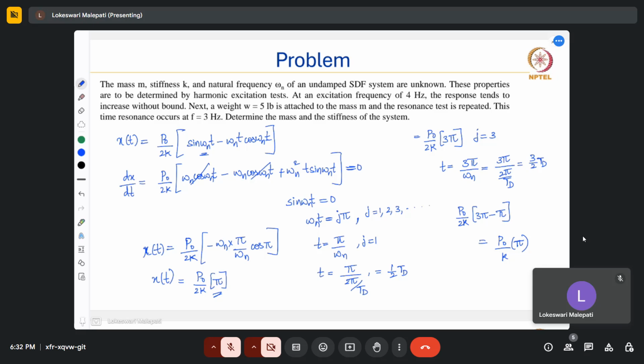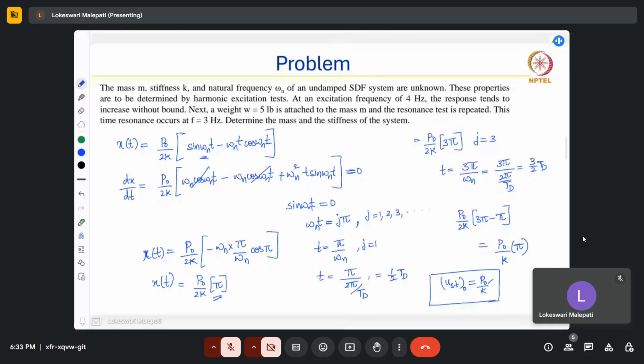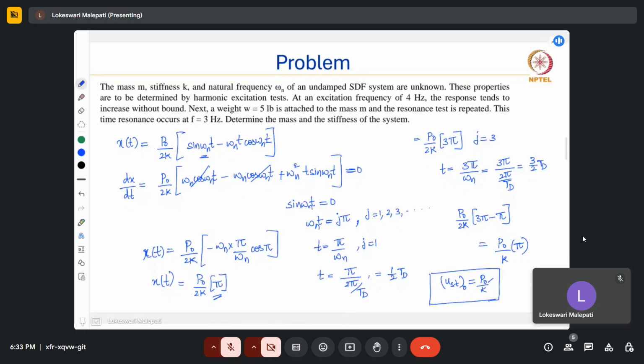That will be just force divided by the stiffness of the system, that is P naught by K. UST naught is equal to P naught by K. This is the deformation in the body when we apply this amplitude P naught. Why are we taking relative measurement of displacement with respect to this UST naught in the graphs? Because if we take the ratio, then we'll get some numerical values and it can be plotted. Otherwise, there will be some variables.